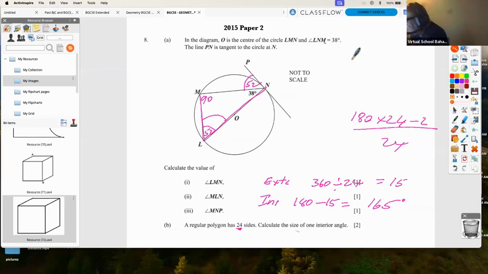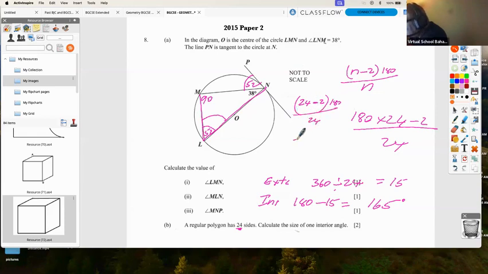The other way that you were trying to find was, in brackets, n minus 2, times 180, divided by n. n is the number of sides the shape has. So the number of sides would be 24 minus 2. We multiply that by 180, and then we divide it by 24.